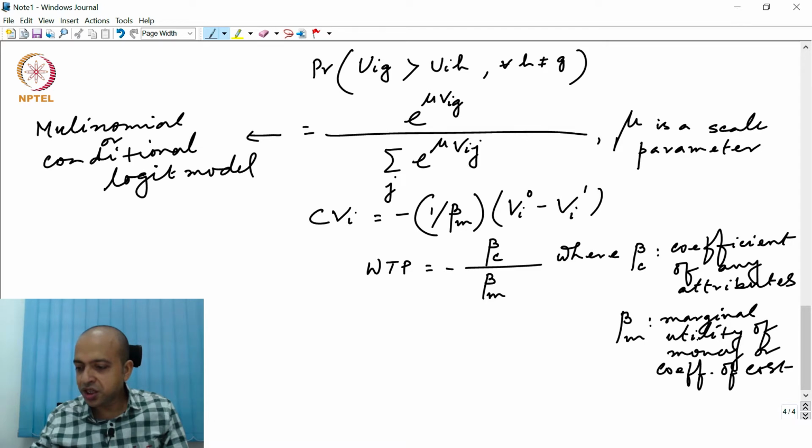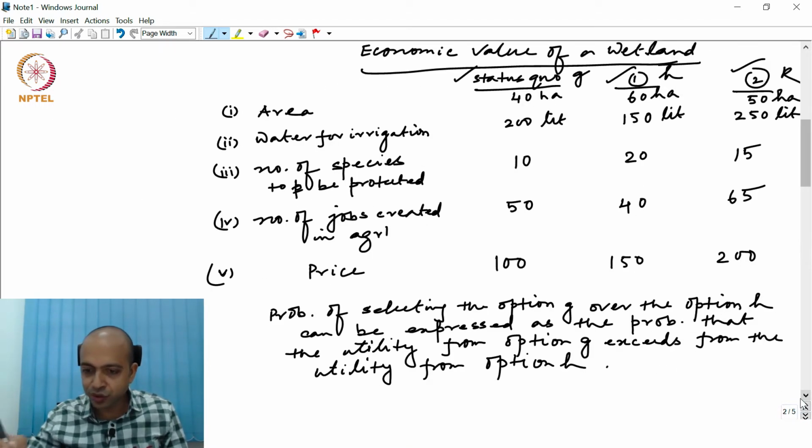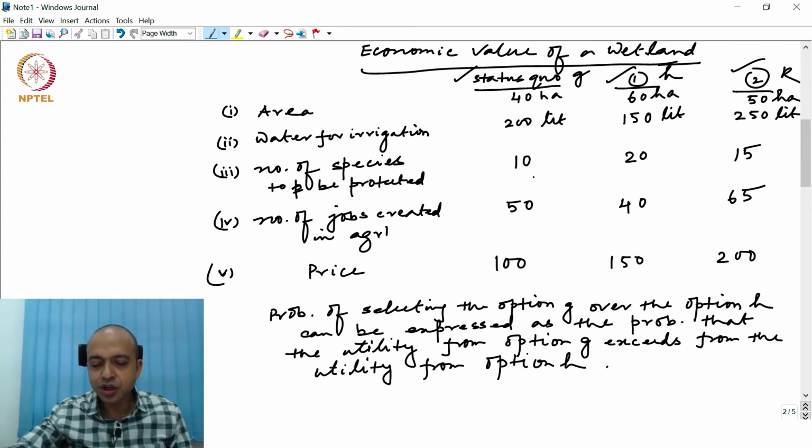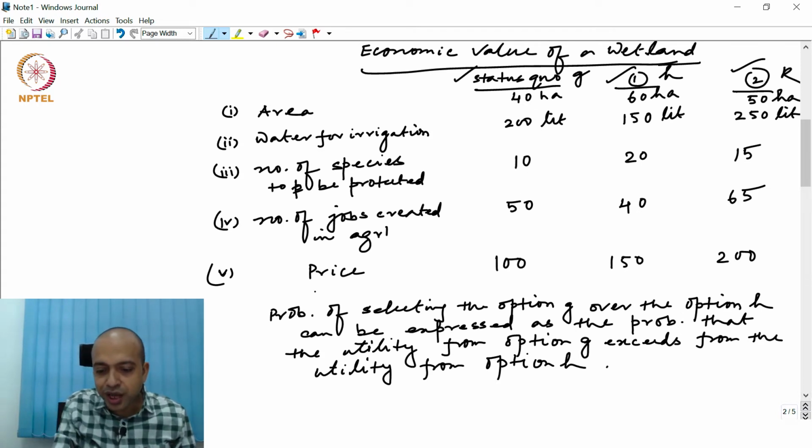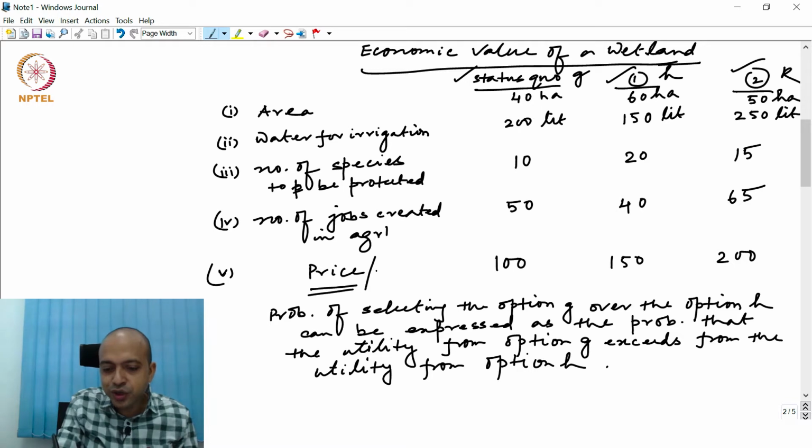That is why here we are saying that beta c is the coefficient of any attribute and beta m is the coefficient of cost. So in the scenario we have several attributes along with the price or money.